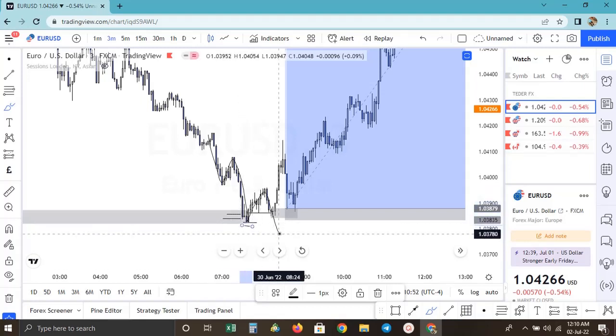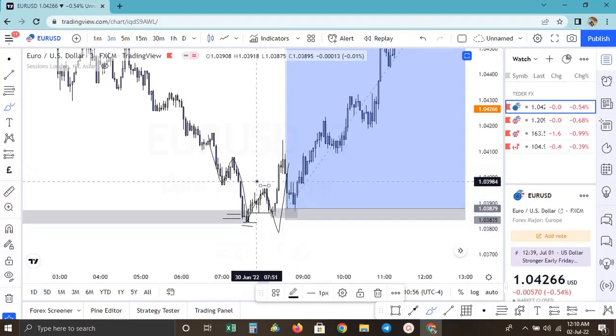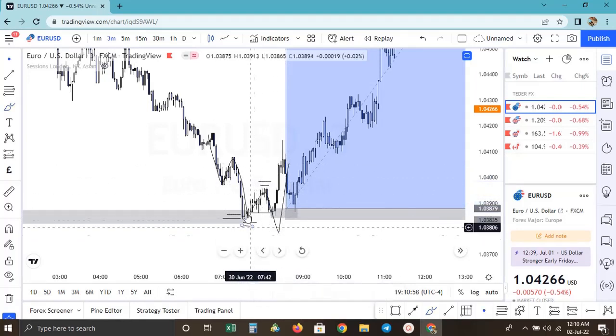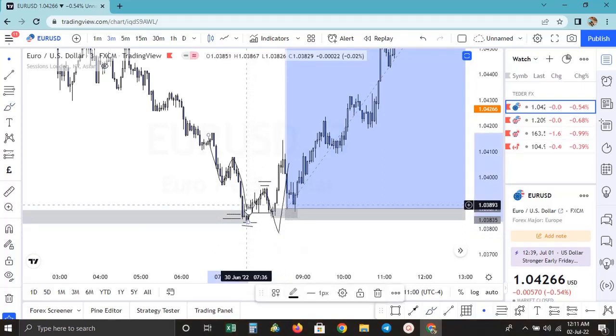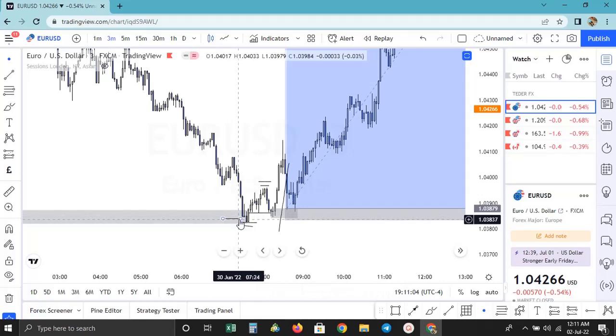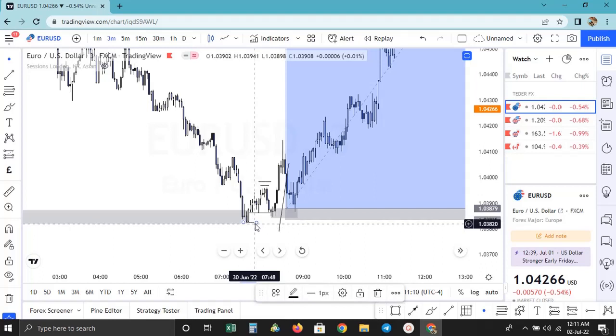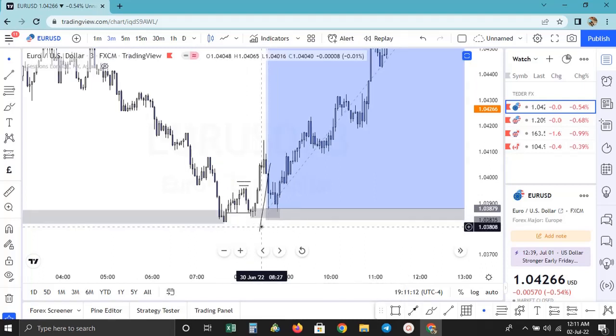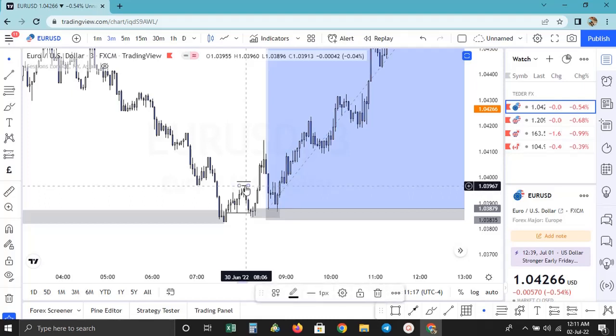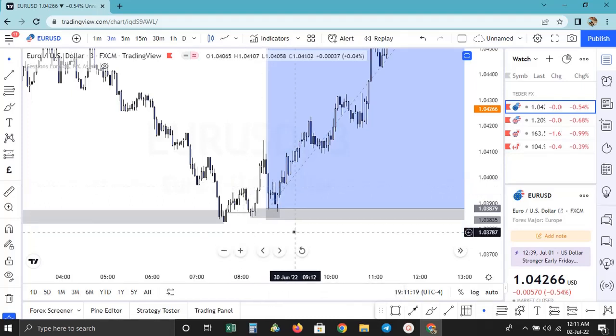Then they break this lower high. Immediately I saw that, I know the market has changed in structure. No longer on the bearish trend, but now on the bullish trend.